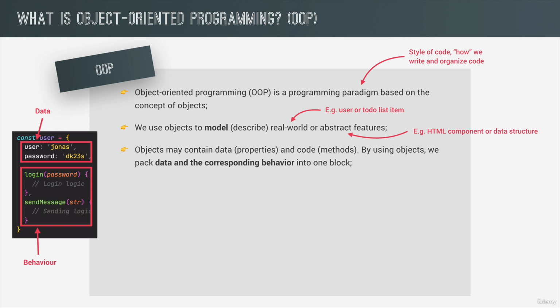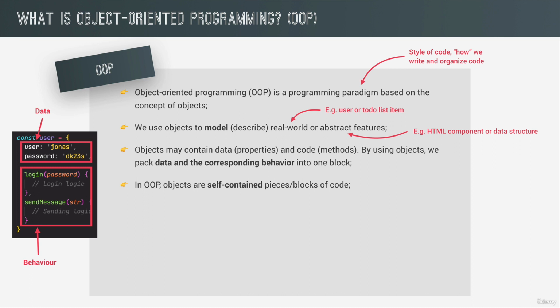And speaking of blocks, that's exactly what objects are supposed to be. So in OOP, which is the acronym that I'm going to use instead of object-oriented programming, objects are self-contained pieces of code or blocks of code, like small applications on their own.